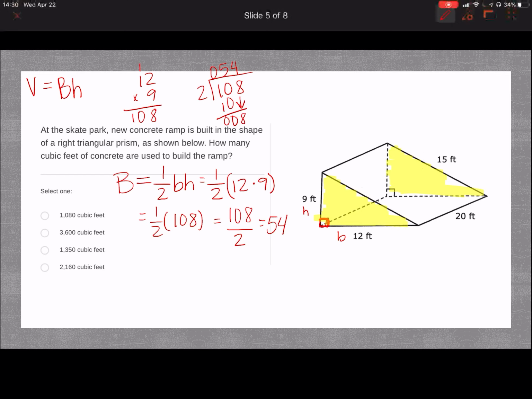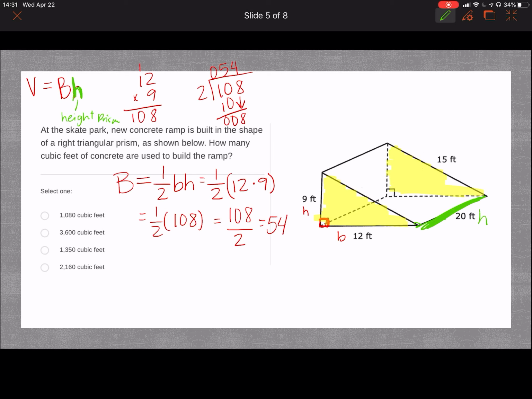Okay, and then also another thing is this H in the volume formula is the height of your prism. For prisms, you can think about it as the distance between the two bases. So from this base to this base, they are 20 feet apart.